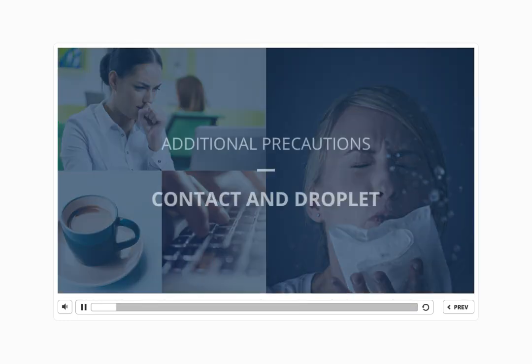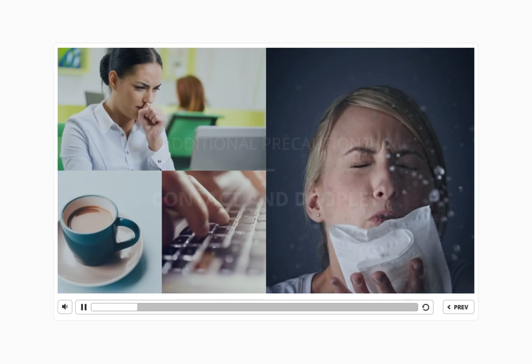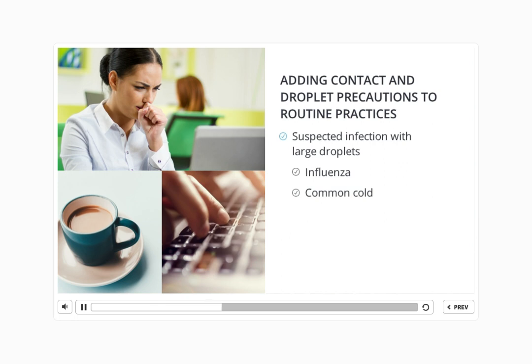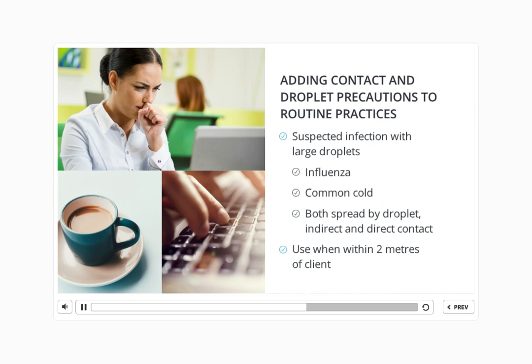There are times when there is evidence of known or suspected droplet respiratory infection, such as influenza and the common cold. In this case, we need to add additional precautions since the mode of transmission is by direct contact, indirect contact, and droplet from as far as 2 meters from the client. What additional precautions would you add in this case?